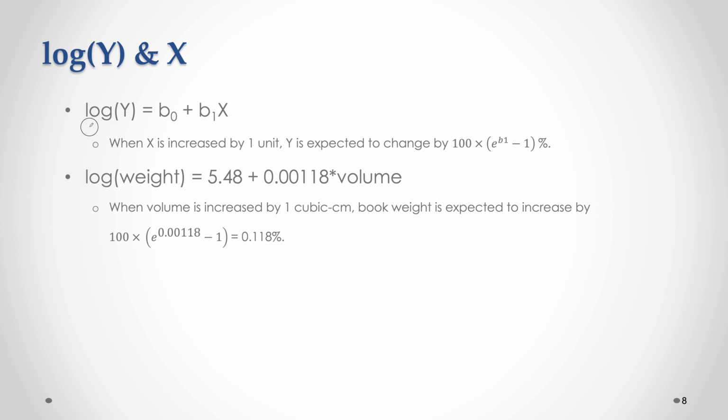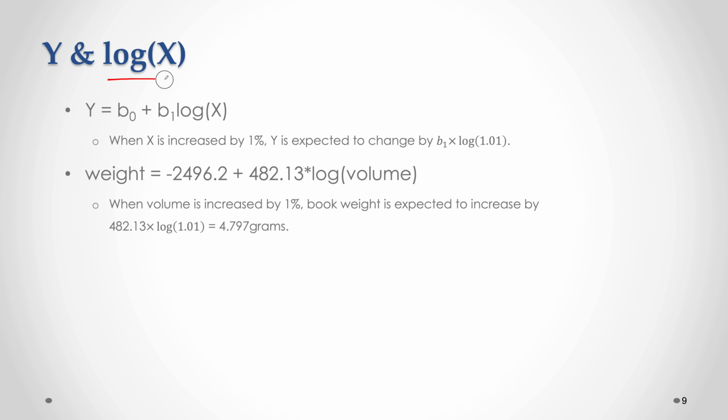So when the response is log y, our interpretation would be when x is increased by 1 unit, y is expected to change by 100 times e raised to b1 minus 1 percent. And we use expected because we are talking about the average or the mean. Suppose for a data set we have this model, then we would say when volume is increased by 1 cubic centimeter, book weight is expected to increase by about 0.118%.